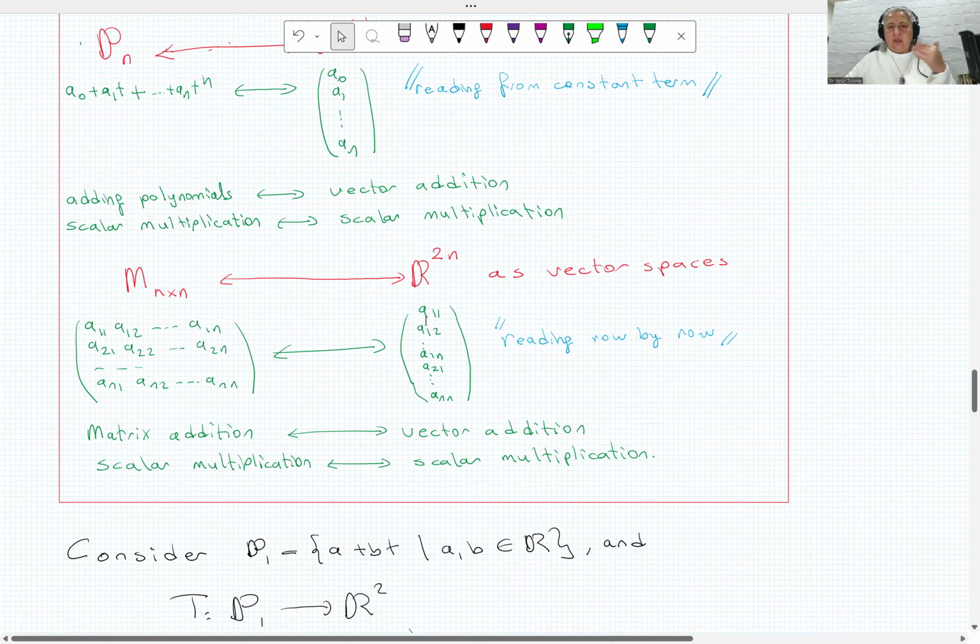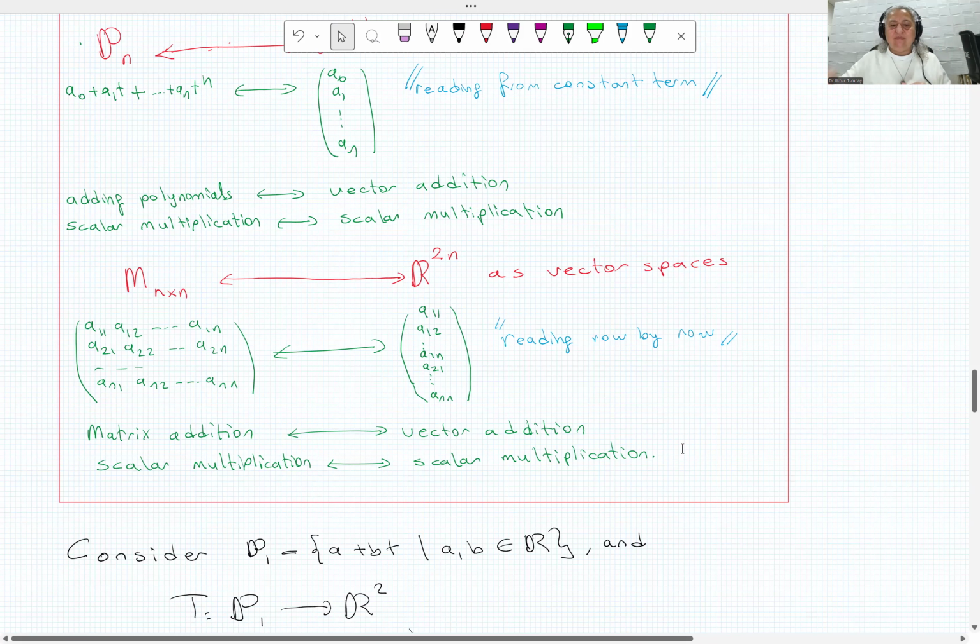Whatever your choice is, tell the reader what it is. Again, there exists a matrix multiplication, but we don't care because we are looking at the isomorphism as vector spaces. Matrix addition is vector addition here, and matrix scalar multiplication, where you multiply every element, is scalar multiplication of every component of the vector. So it's perfectly fine: as vector spaces, they are the same.